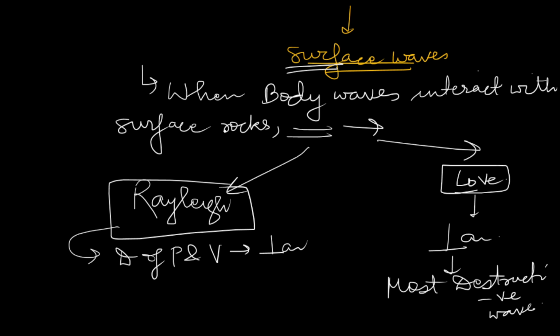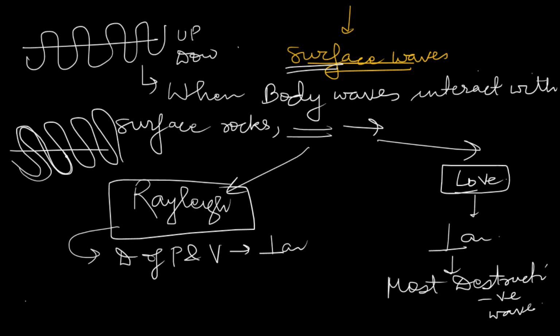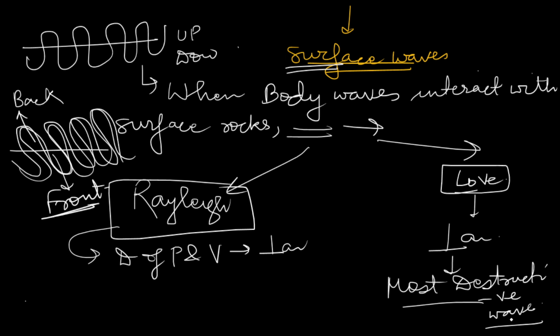See what happens: Rayleigh waves move like this. Suppose this is the surface, so Rayleigh waves will move up and down. But Love waves move not only up and down, they also move east to west, taking some amount of surface also. They will first go back and then come front like a snake. So they cause the most destruction. So these are the most destructive waves.